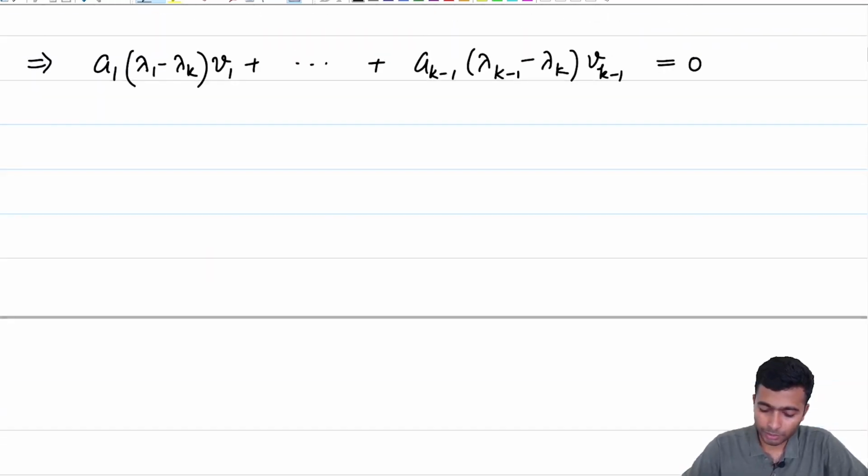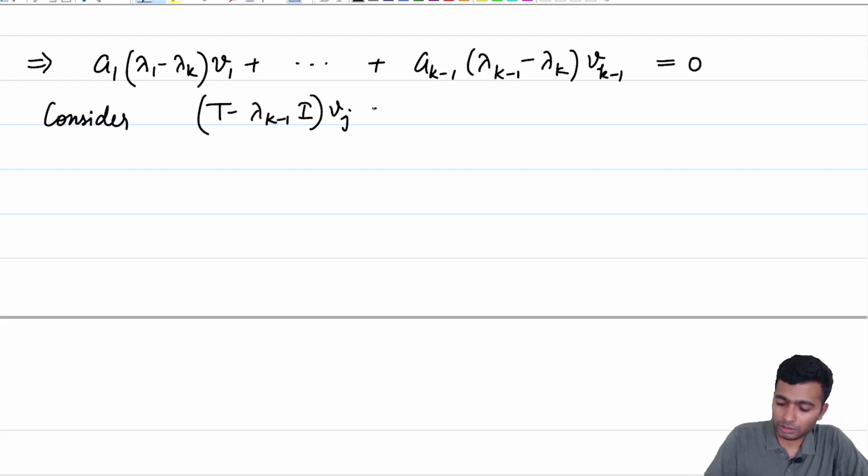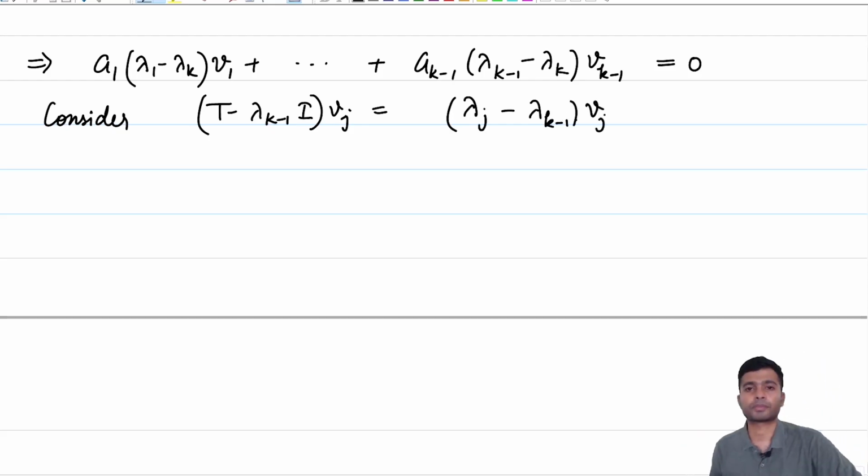Let us do the same trick. Consider T minus lambda (k-1) I acting on vj. This is equal to lambda j minus lambda (k-1) times vj.